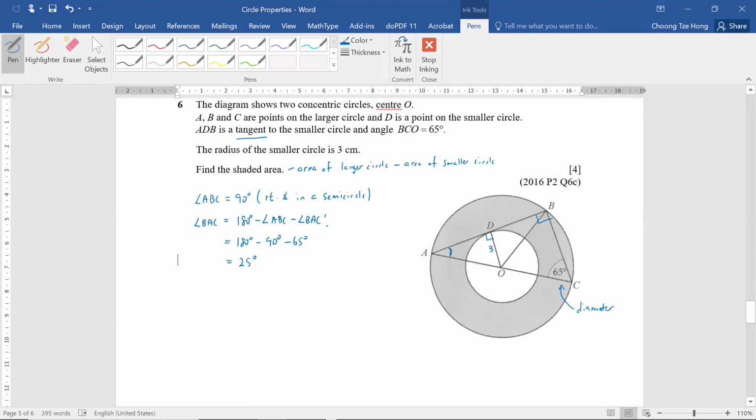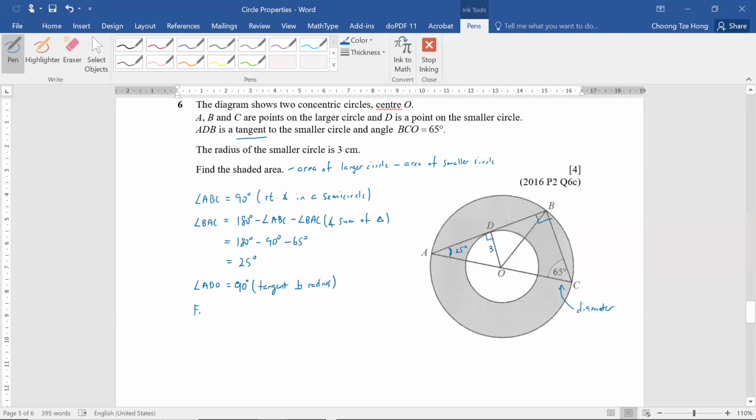This is the angle sum of a triangle. Now we just need to acknowledge this right angle ADO. Angle ADO is also 90 because of the property: tangent perpendicular to the radius. OD is the radius, ADB is the tangent.